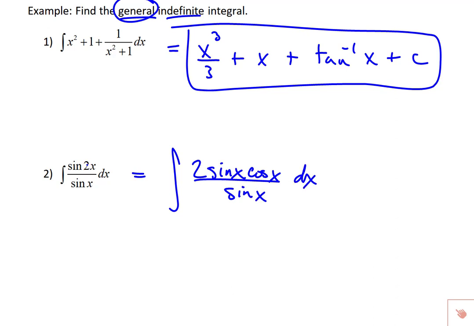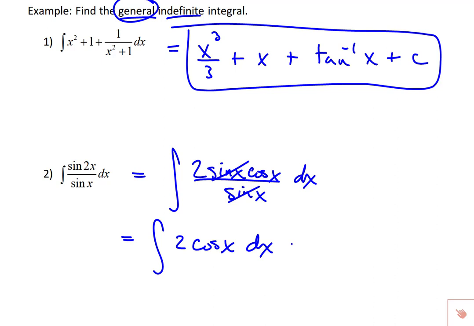Simply rewriting sine of 2x as 2 sine x cosine x hopefully makes it clear that now we could cancel the sine of x's as matching factors, which means we really have the integral of 2 cosine of x dx.